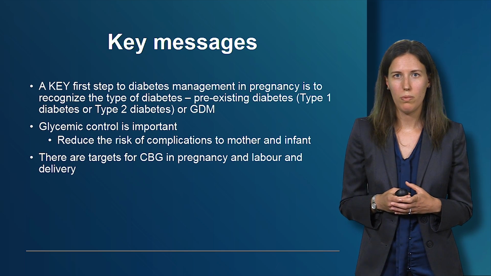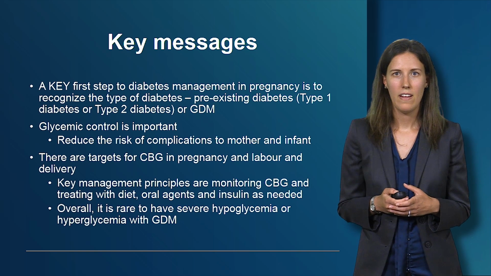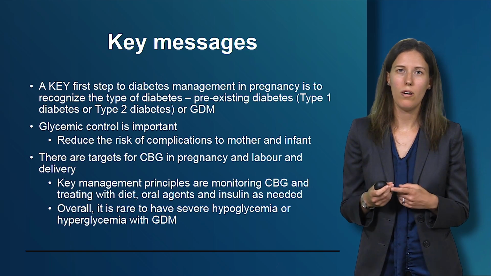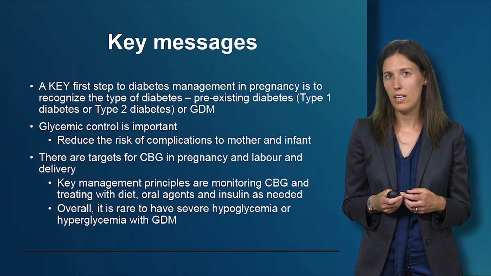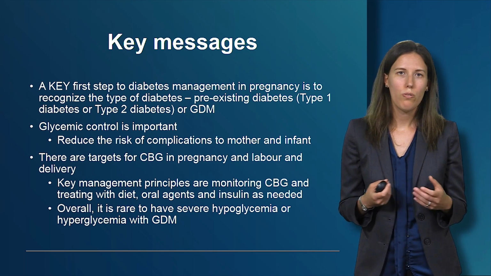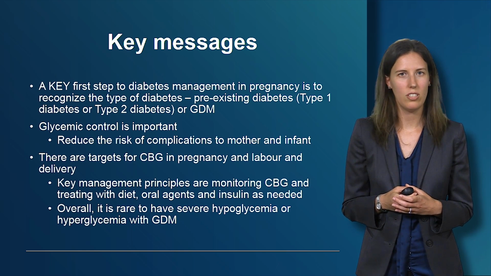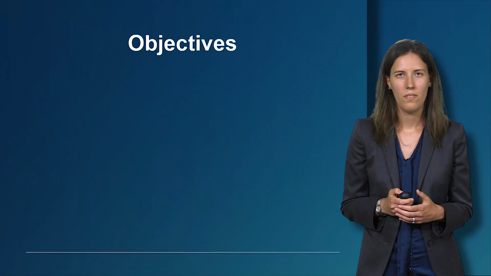And there are targets for blood sugars in pregnancy as well as in both labor and delivery. And the key management principles are to monitor blood sugars and to treat with diet, oral agents, and insulin as needed. Overall, it is rare to have severe hypoglycemia or hyperglycemia with gestational diabetes.